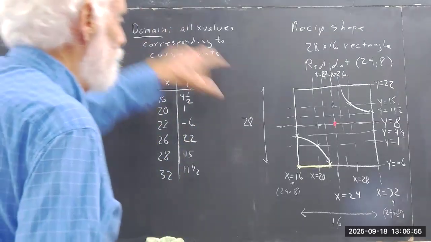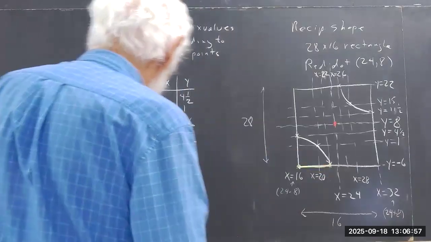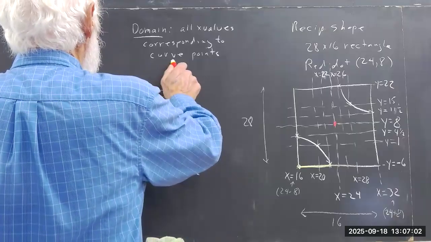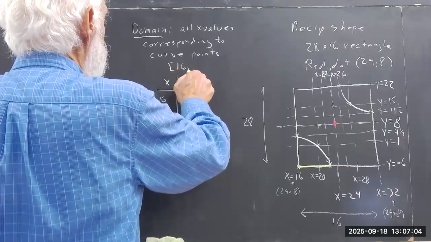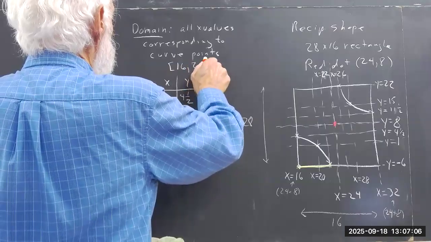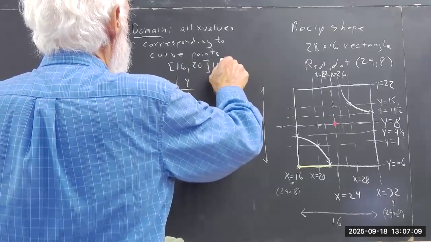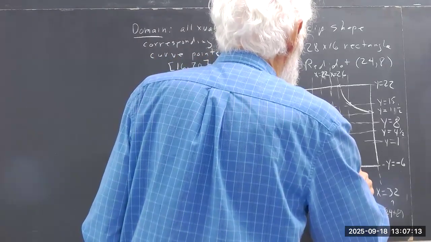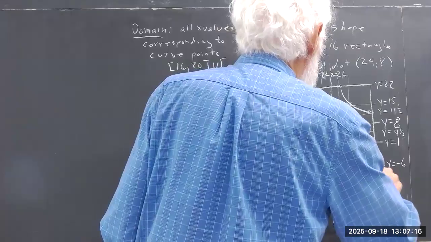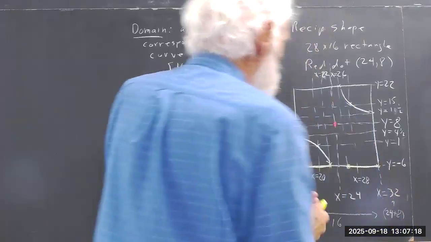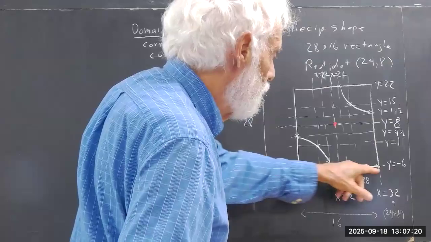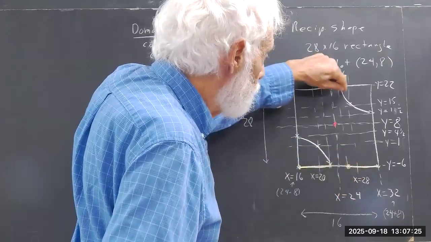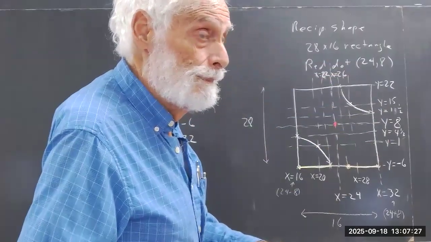Anyhow, understand that the domain goes from 16, the interval 16 to 20, and then union that with the interval from here to here, because every vertical line that passes through this yellow line here corresponds to a point of the curve.